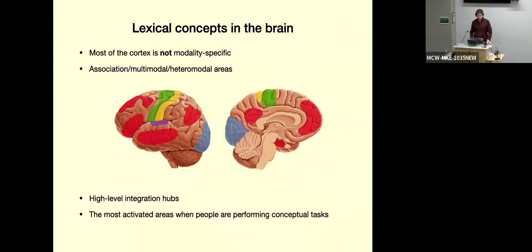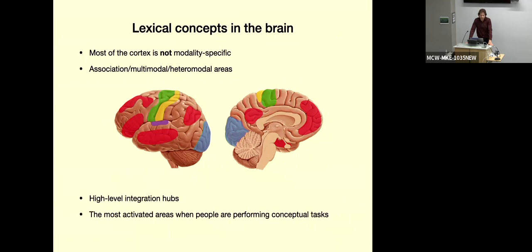And so other research, connectivity-based studies, indicate that these regions are all highly interconnected with each other. They're more interconnected with each other than they are with any other part of the brain, and they integrate information that comes from all of the different modality-specific areas.